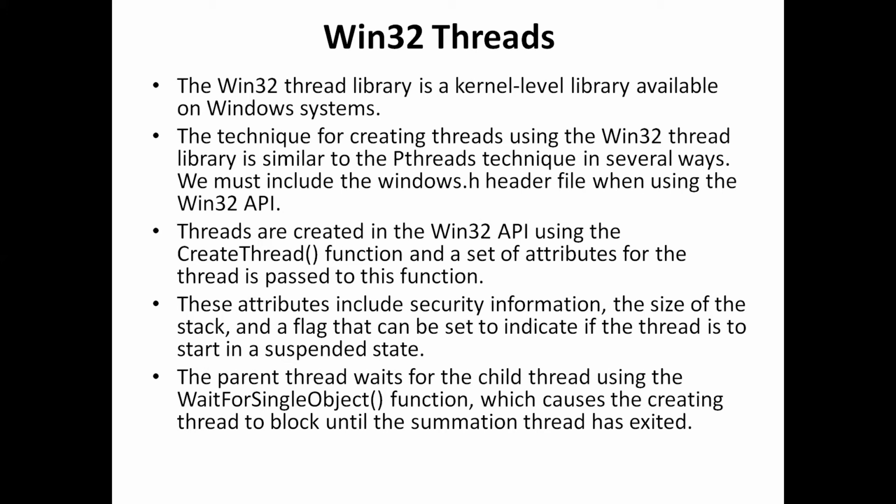The parent thread waits for the child thread using the WaitForSingleObject function. By using WaitForSingleObject, the parent thread will wait for the child thread to complete its execution, which causes the creating thread to block until the summation thread has expired.